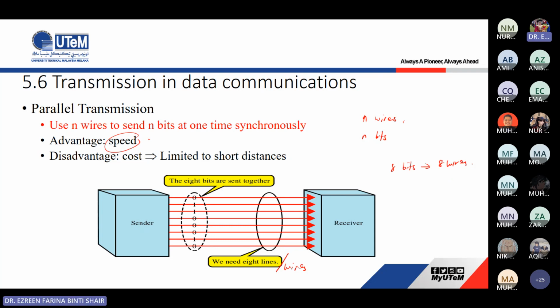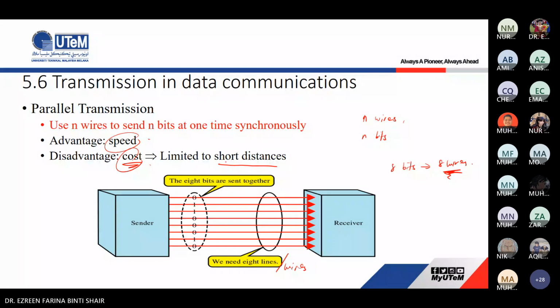Because of that, parallel transmission has a disadvantage in terms of cost, because you need to use a lot of wires. That's why parallel transmission is only limited to short distances. We usually don't use parallel transmission for long distances because we want to reduce the cost.